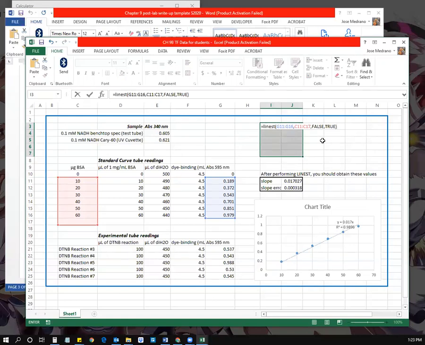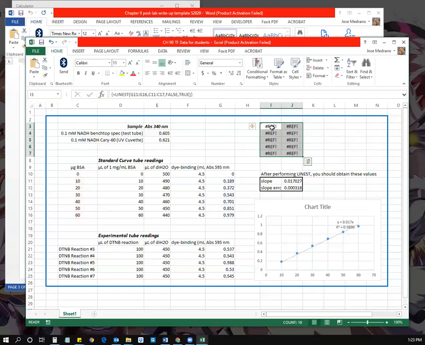The next part is a little tricky. So if you are a Mac user, I believe you need to hold down Command and then press Enter. But if you are a Windows user, you need to hold down Control and Shift and then press Enter. And if you do this correctly, which clearly I did not, all the corresponding values get propagated in here.